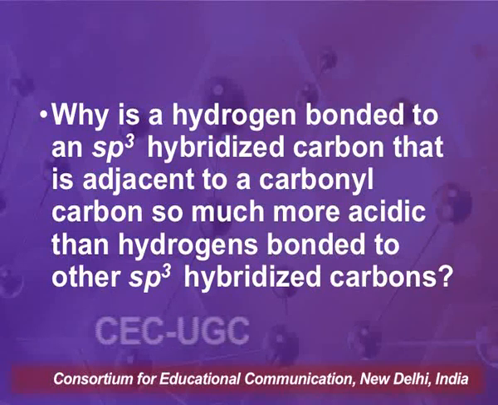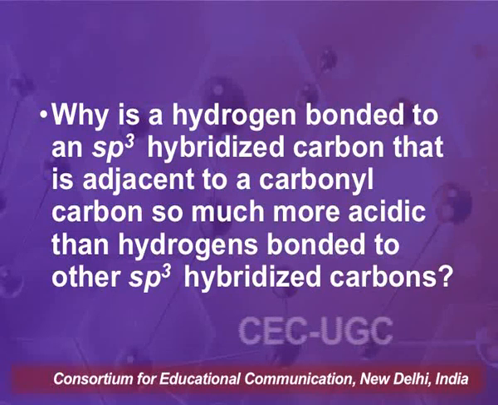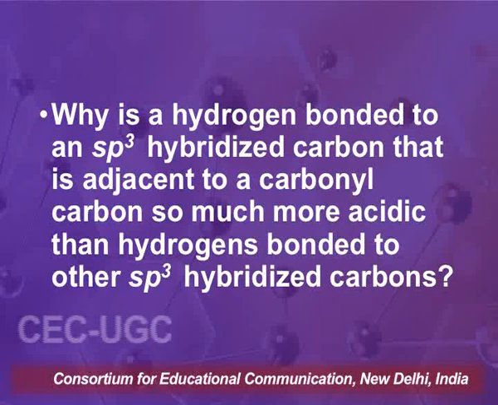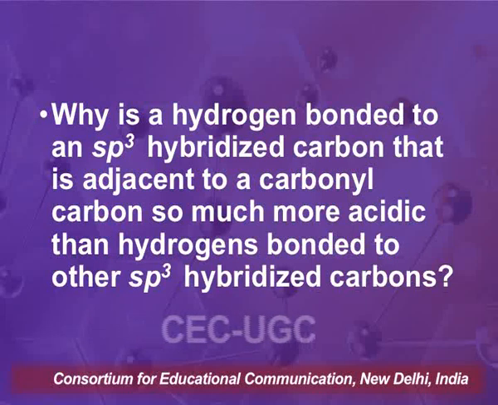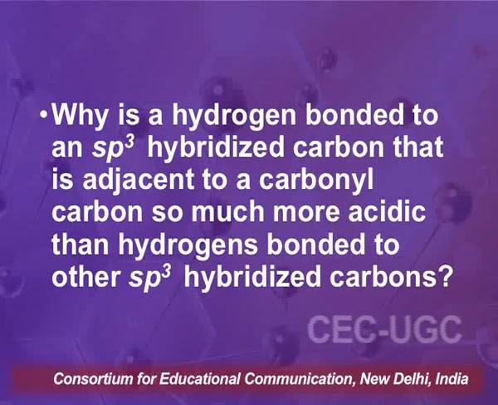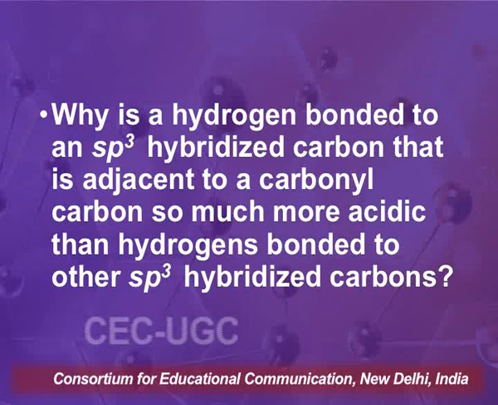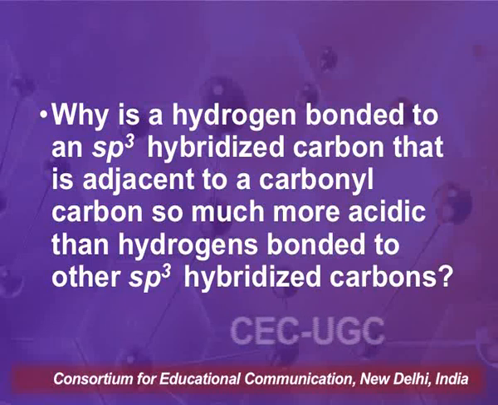So let us ask ourselves a question here. Why is a hydrogen bonded to an sp3 hybridized carbon that is adjacent to a carbonyl carbon so much more acidic than a hydrogen which is bonded to other sp3 hybridized carbons?